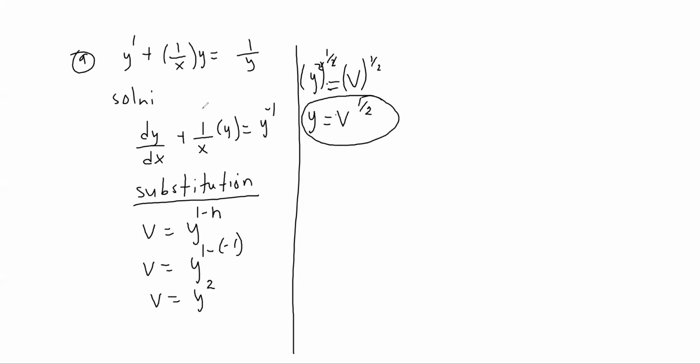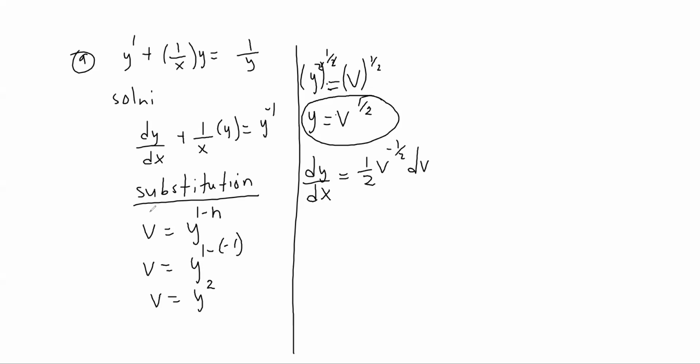So what I'm going to do right now, I'm going to replace in the equation wherever I see dy by dx, I'm going to differentiate here. So dy by dx will be equal to, if I differentiate, 1/2 v, and then I subtract 1. So 1/2 minus 1 is minus 1/2.